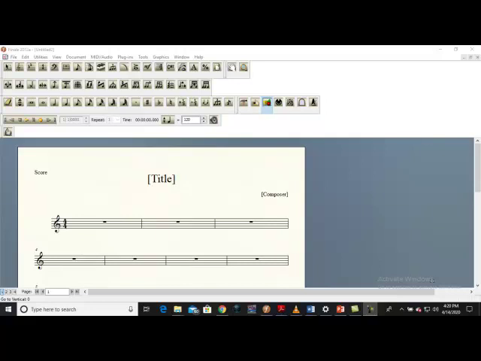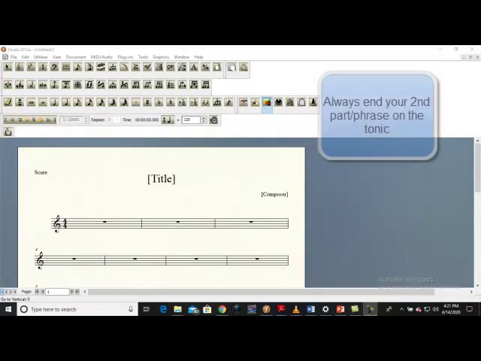The next rule: always end your second phrase, or second part of your melody, on the tonic. As I explained earlier, the tonic is the first note of the scale.